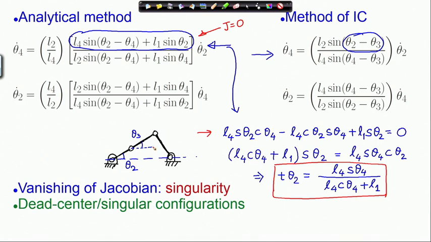Tangent of theta 2, what is tangent of theta 2? I can write it as the ratio of these two distances. h, let us say, and this is b. So, tan theta 2 is h over b. Now, what is h? Nothing but L 4 sin theta 4.